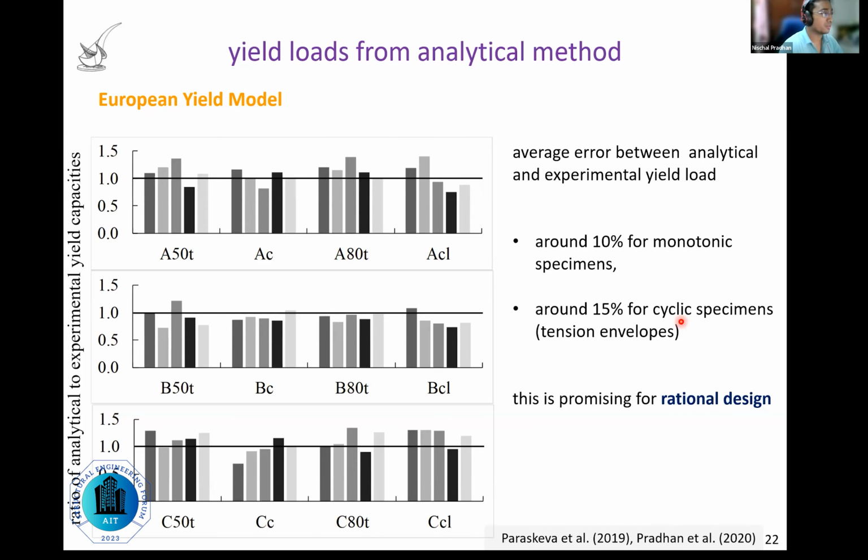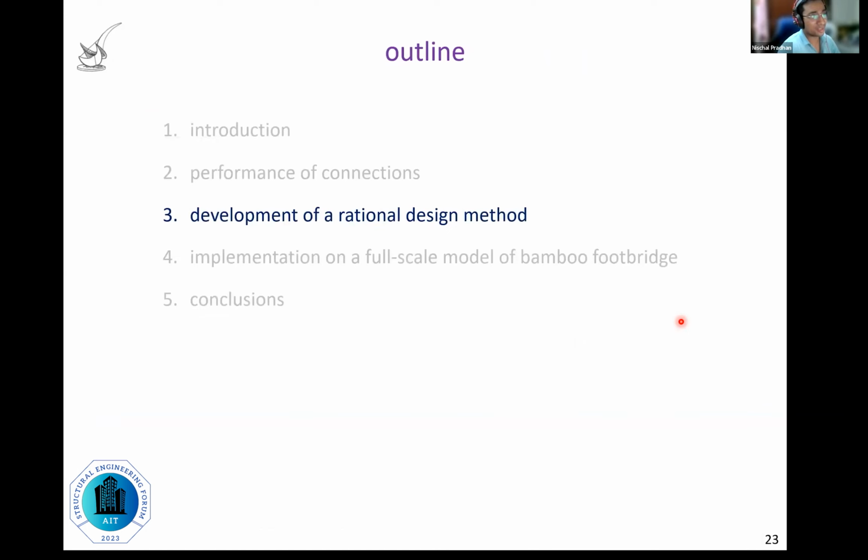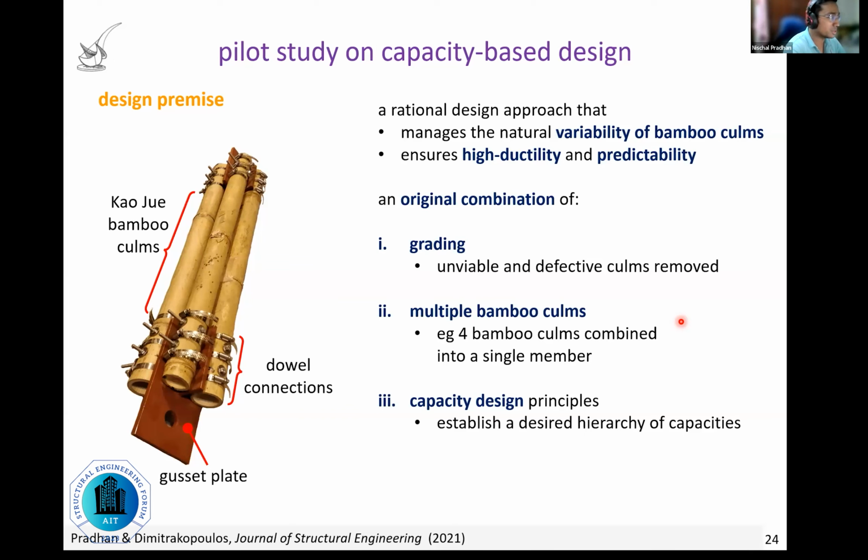The next part of my study comes up with a way to rationally design such connections. In this study, we propose a capacity-based design approach that manages the natural variability of bamboo columns and ensures high predictability and ductility of the connections.